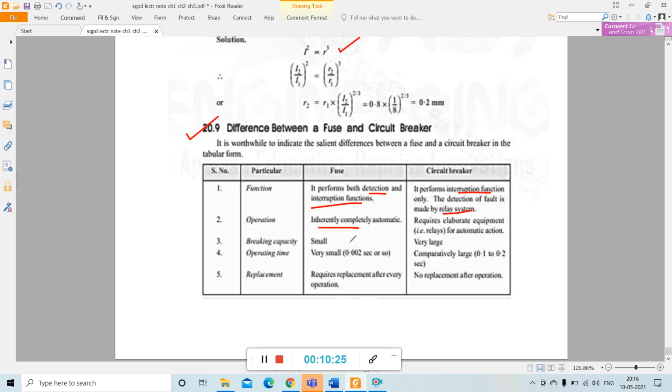A fuse has very small breaking capacity, and a circuit breaker has very large breaking capacity. The operating time of a fuse is very small, about 0.002 second, and the operating time of a circuit breaker is comparatively large, 0.1 to 0.2 second. A fuse requires replacement after every operation, but there is no replacement after operation in the case of a circuit breaker. So this is all about the difference between fuse and circuit breaker.